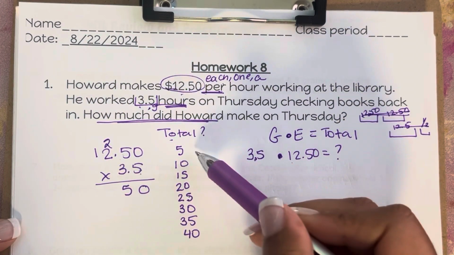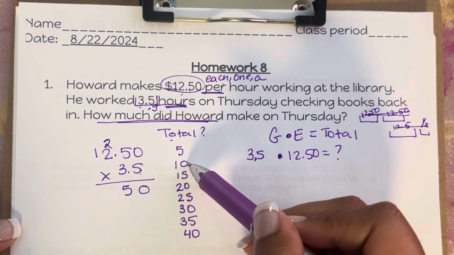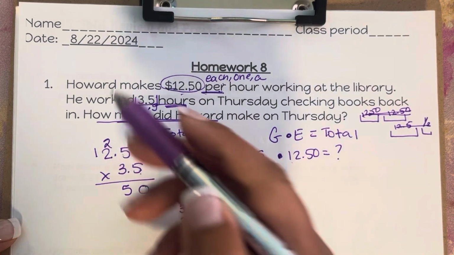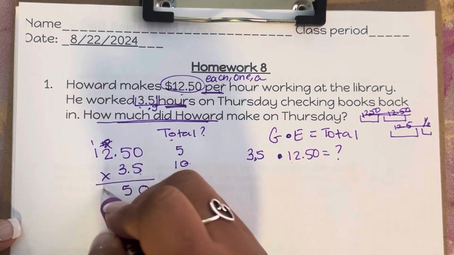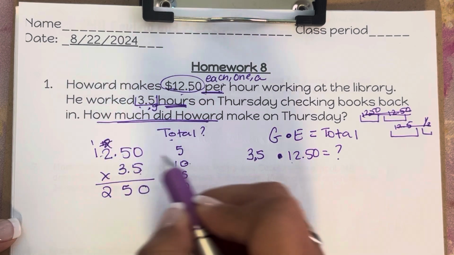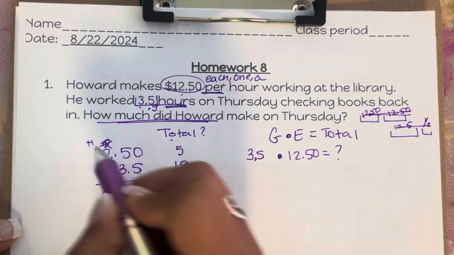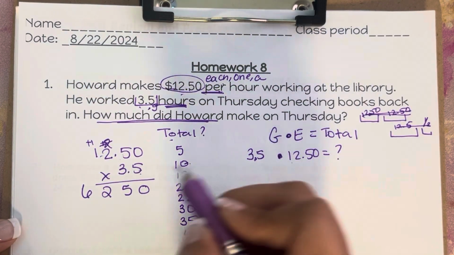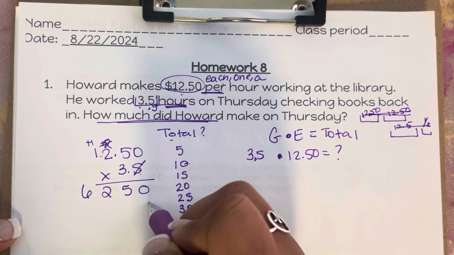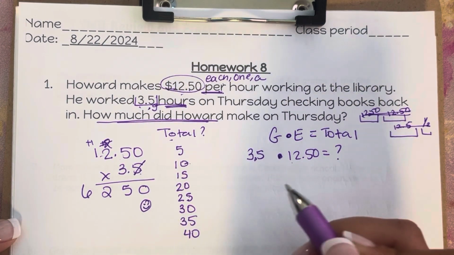5 times 2 is 10, plus this 2 is 12. 5 times 1 is 5, plus this 1 is 6. When you finish this place value, you add your placeholder.